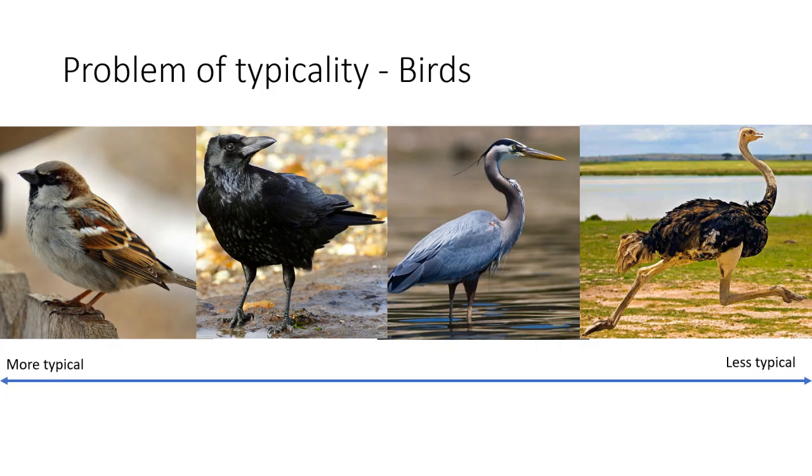The third problem that we are going to talk about is the problem of typicality. Basically, in a category, when we perceive them, we consider some objects in a category to be better examples of that category than other objects. In the case of birds, we consider a sparrow to be a better example of a bird than an ostrich. We consider crows to be better than herons, and herons to be a better example than an ostrich.